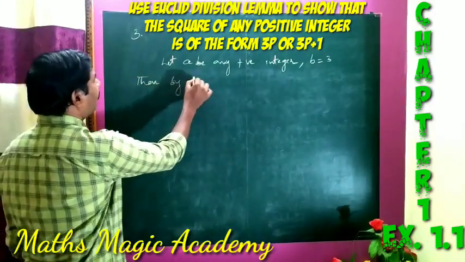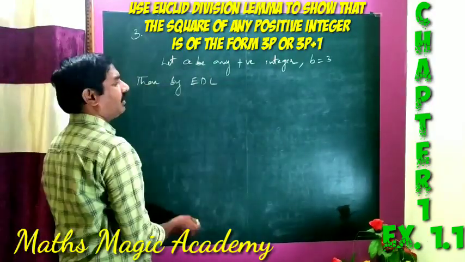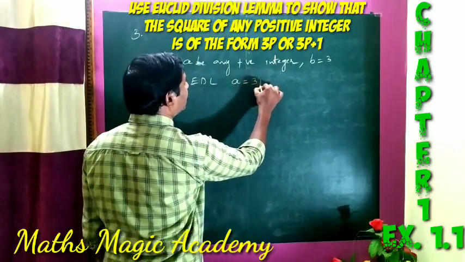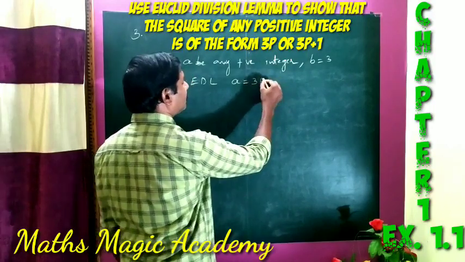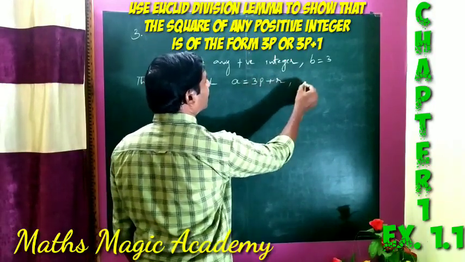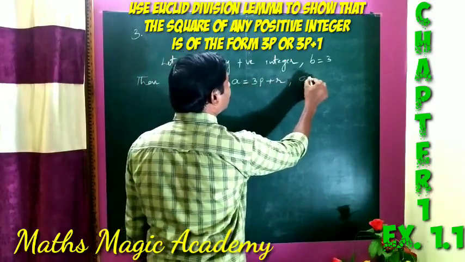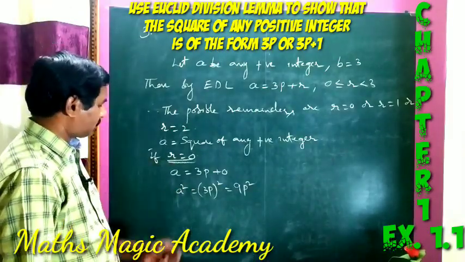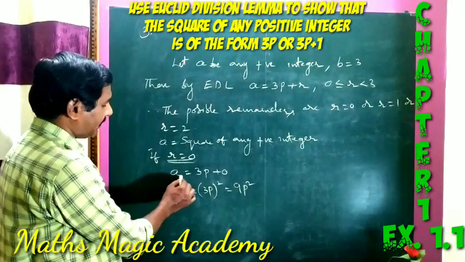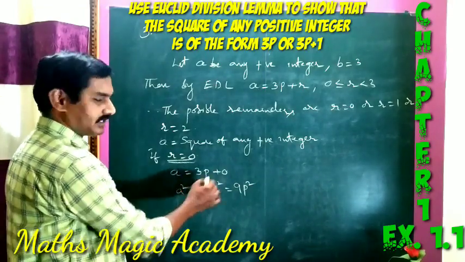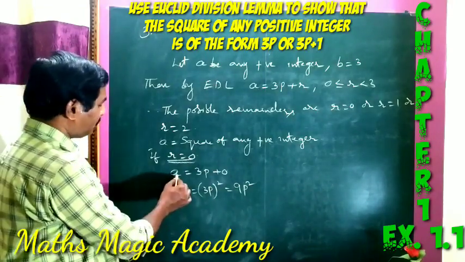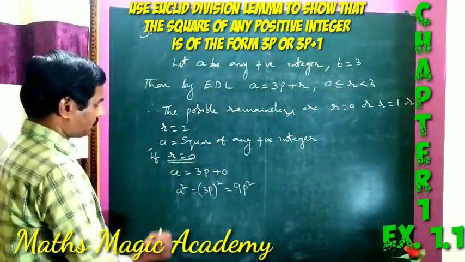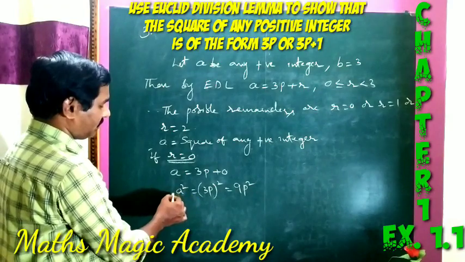Then by Euclid's division lemma, we can write a equals 3p plus r, where 0 is less than or equal to r less than 3. If r equals 0, then a equals 3p plus 0. As per this, a is a positive integer, so we have to square both sides.